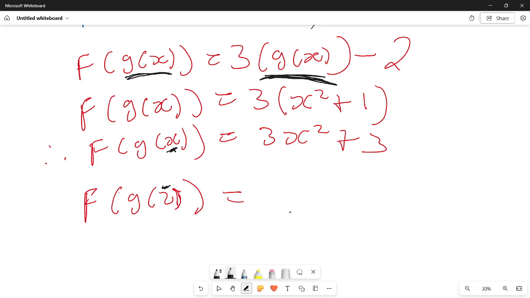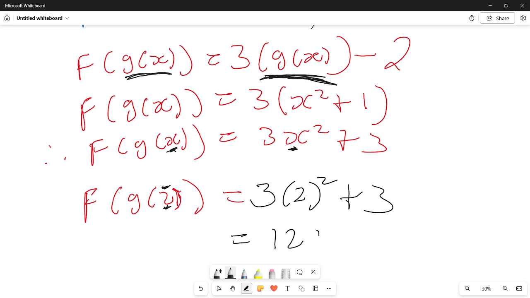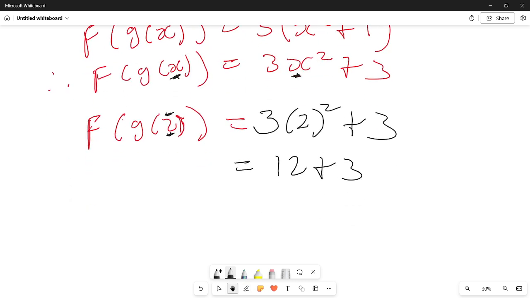So now that we have 2, it means where there's x, we put 2. So now the answer will be 12 plus 3, which is equal to 15.